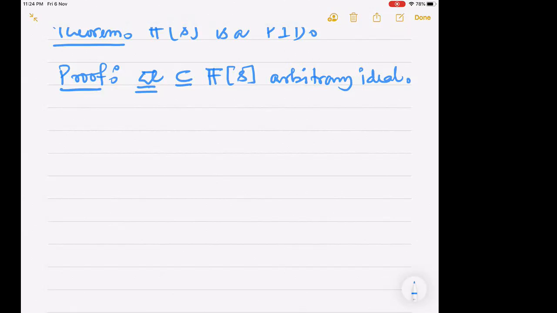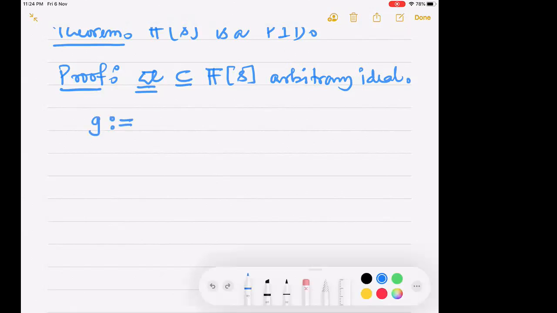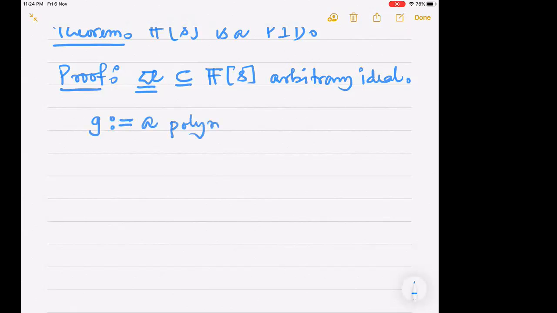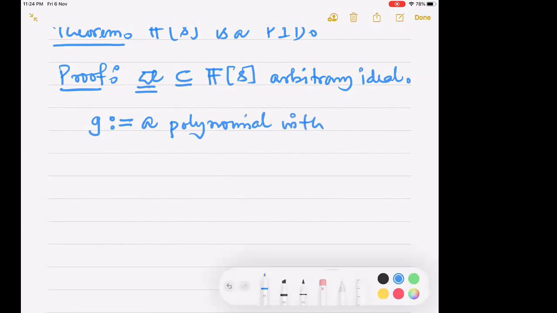So suppose G is defined as a non-zero polynomial in A. I have to write non-zero, this is very important.